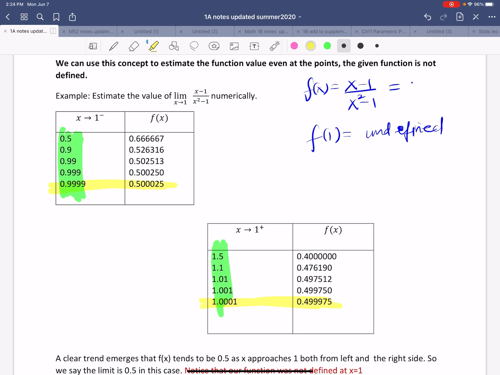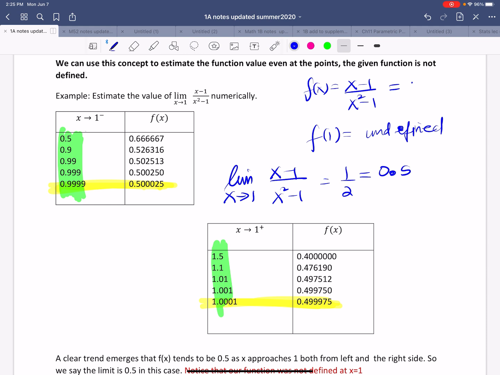The y value is approaching half, 0.499, 0.5. So we can say the limit as x approaches 1 of x minus 1 over x squared minus 1 is half, or 0.5. That's where the y value is getting closer and closer to.